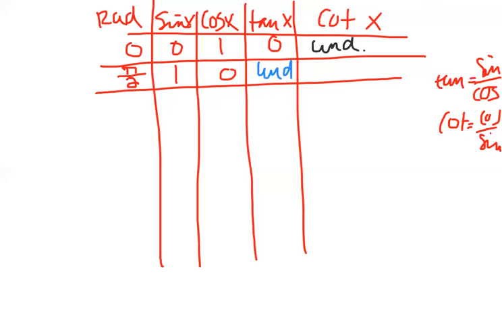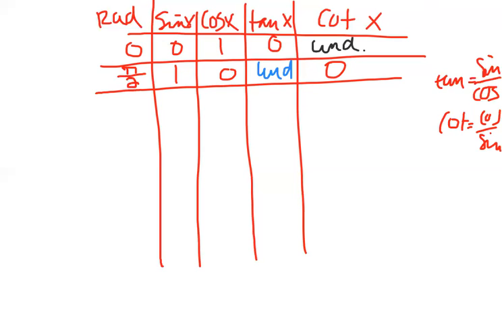Remember, earlier when looking at the characteristics, we said tangent has a vertical asymptote at odd multiples of pi over 2. So in other words, the domain of this function is undefined at pi over 2. So what's going to happen with cotangent? For cotangent, guys, when you get to pi over 2, it's going to be 0 because that's cosine over sine.